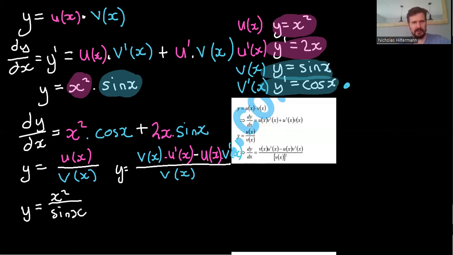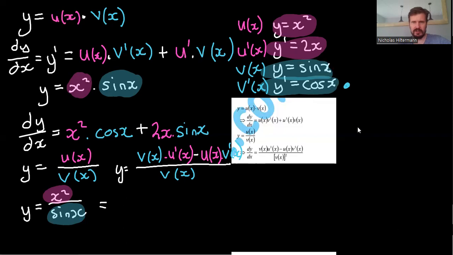We could derive x squared, we can derive sin x, but we don't know how to do this thing unless we use the quotient rule. So let's highlight what we have. Our top is our pink, which is x squared, and our bottom is sin x, which is our v(x).